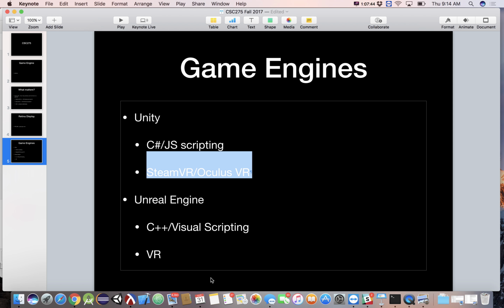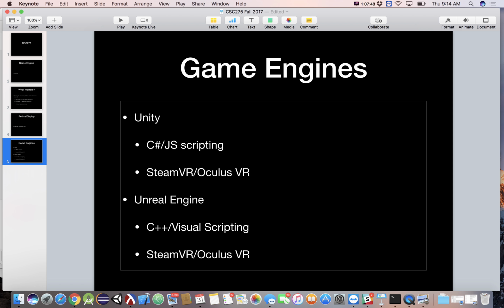Unreal Engine supports the same two. That means if you're writing stuff for either the HTC Vive or the Oculus Rift, either one of these game engines is acceptable.